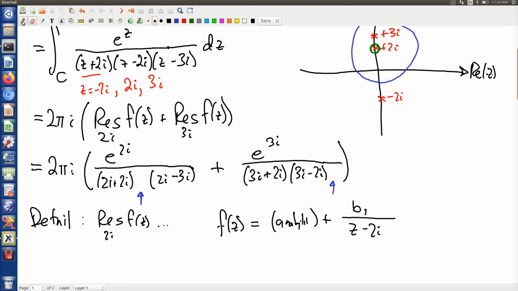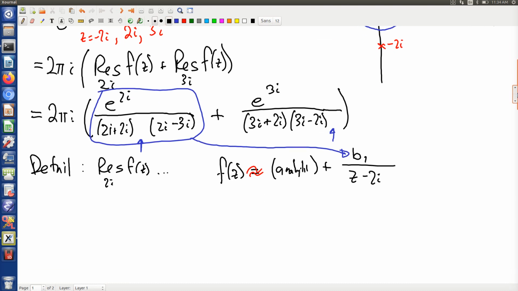And so essentially the point is this is the Laurent series. And so you might ask, well, what is this B1? This B1 is just all of this. Because if you make it look like z is near 2i, this will be a very good approximation. And that's kind of what the Laurent series does. It works like the Taylor series.